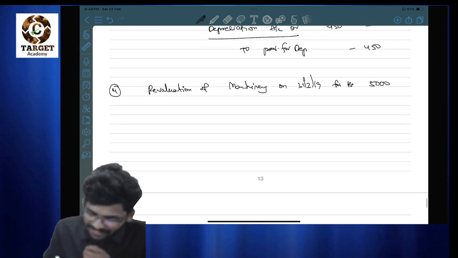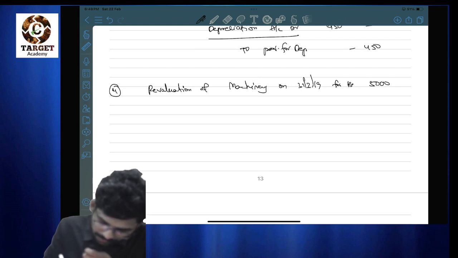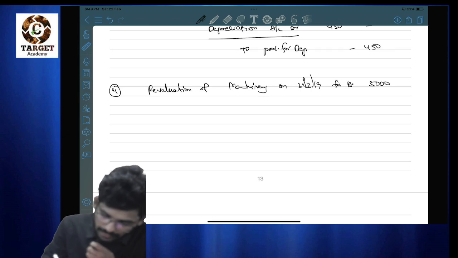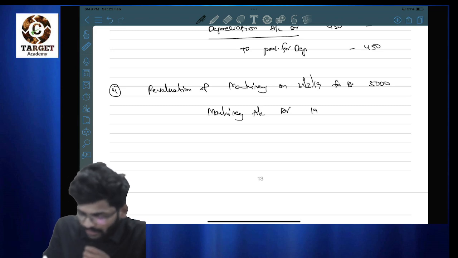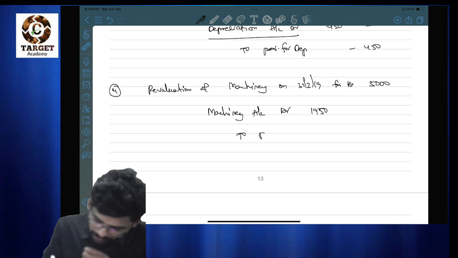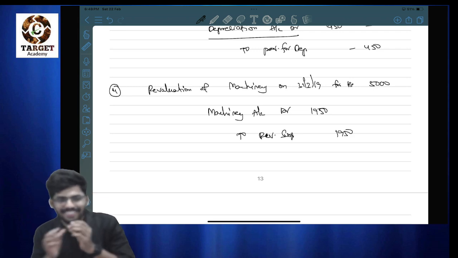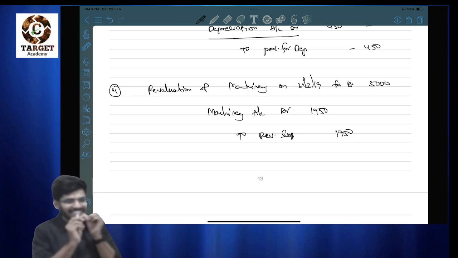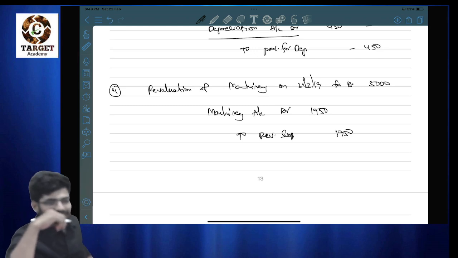Please tell me your answer, I will write it. Machinery account debit 1950, to revaluation surplus 1950. This is not the correct answer. Why? Can you please try this? Generally the entry is 1950 only, but this is not correct.